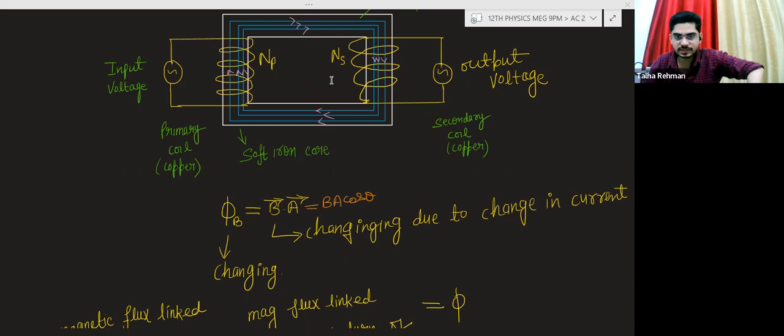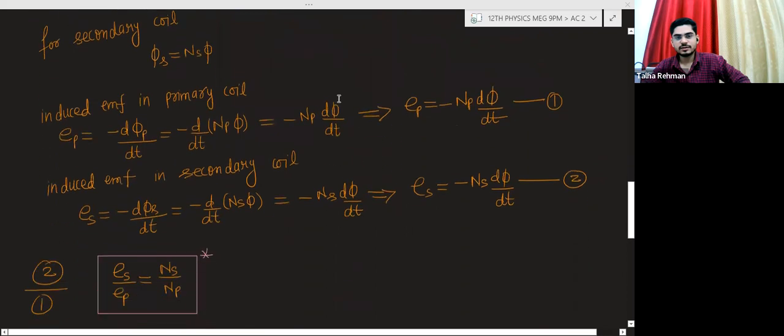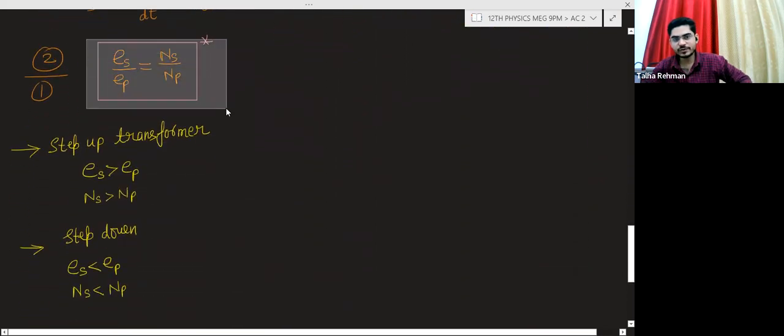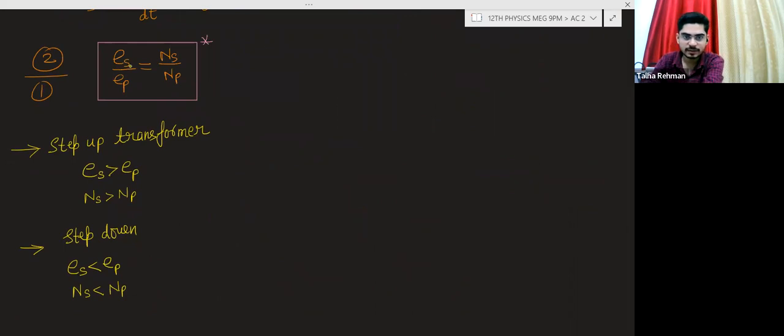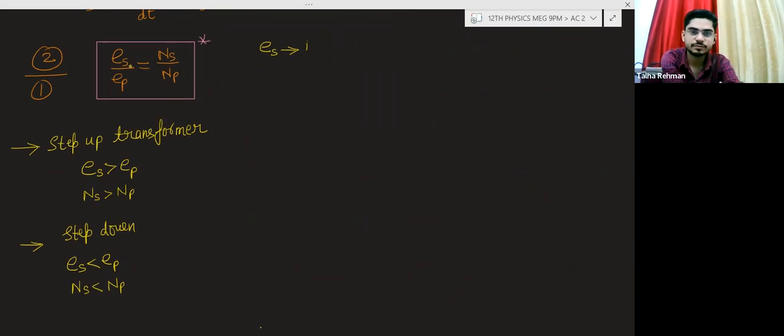So I have told you that this formula, after derivation, we will get. What is ES? ES is the induced EMF at secondary coil.